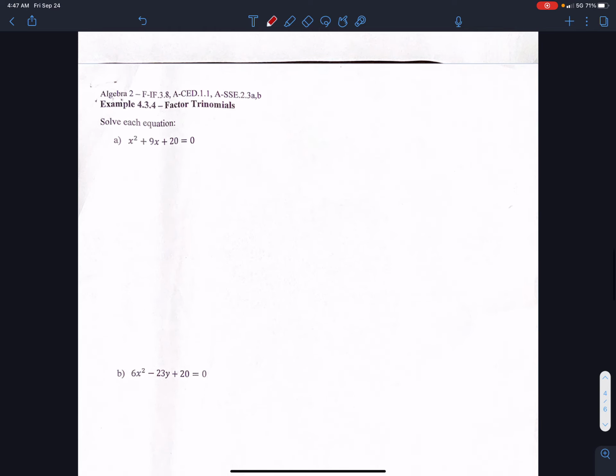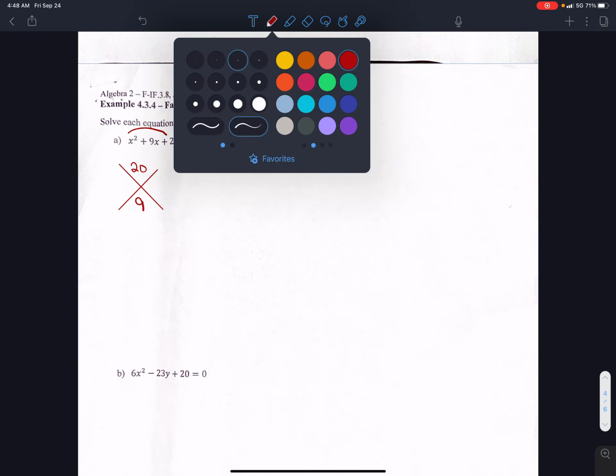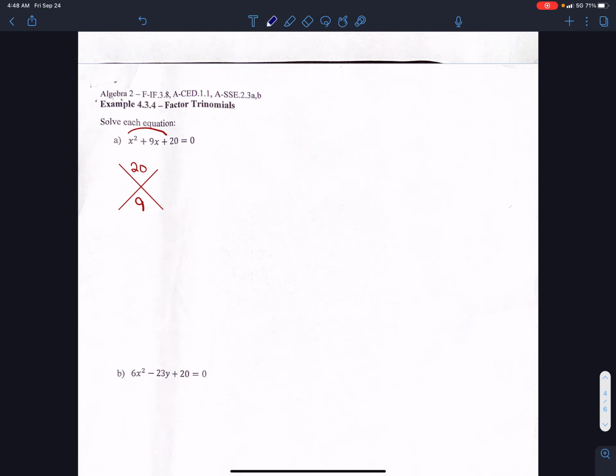All right, so what we are first going to do is look for those values that multiply to a times c, but add to b. Okay, so 1 times 20, but add to 9. All right, so we can think of all those factors.